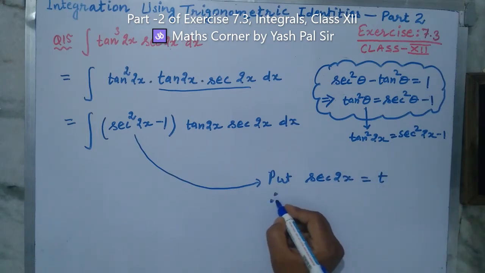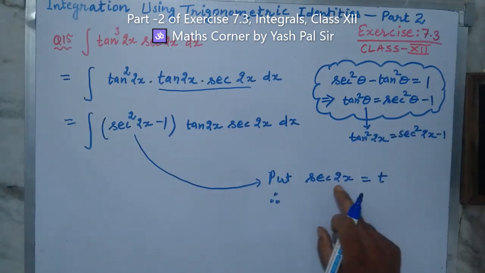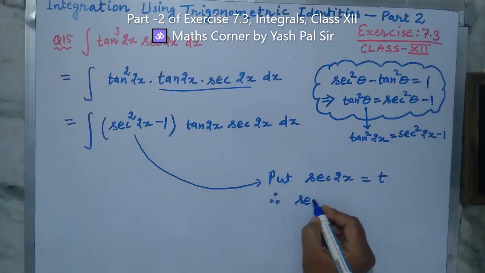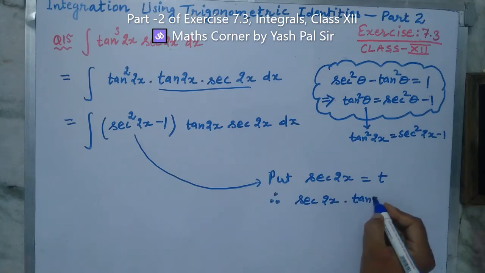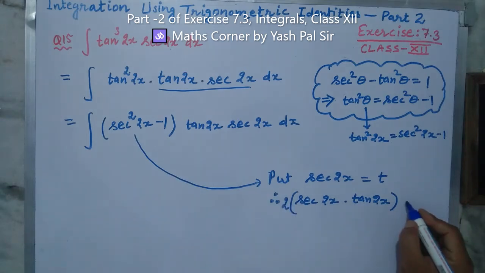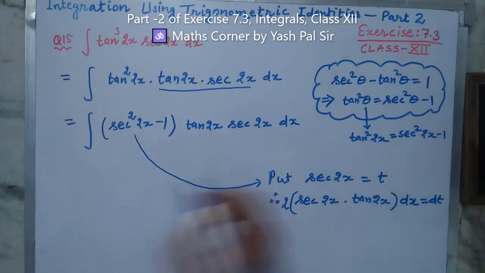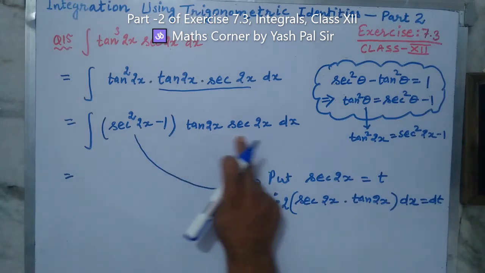So accordingly next step is derivative. Derivative of secant 2x is secant of 2x into tangent of 2x into again the derivative of 2x is 2 into dx is equal to dt. So what we need here, we need to be multiplied here.